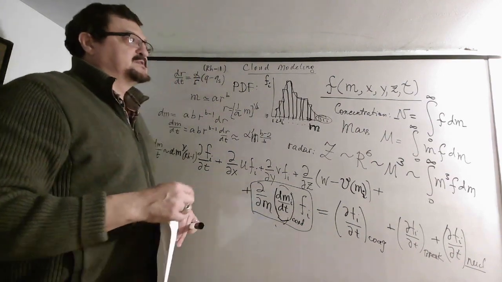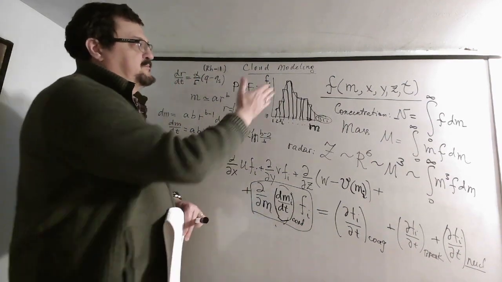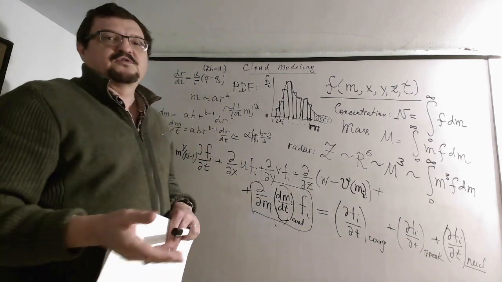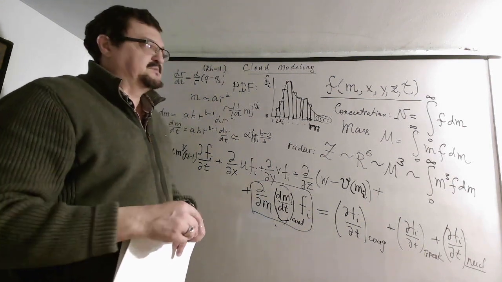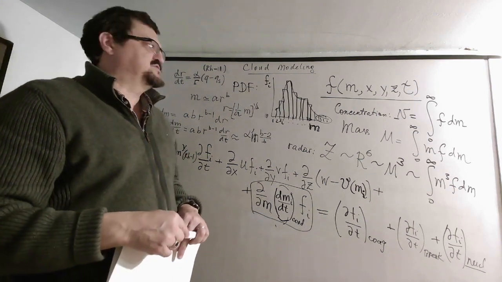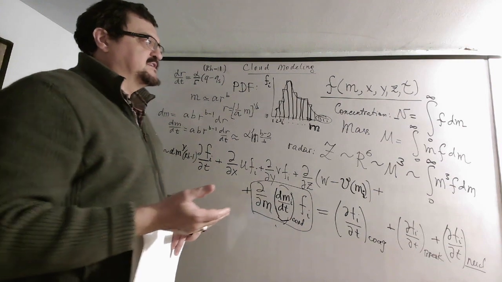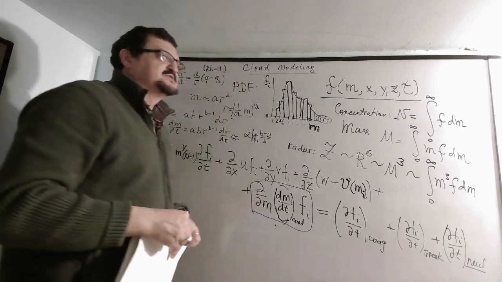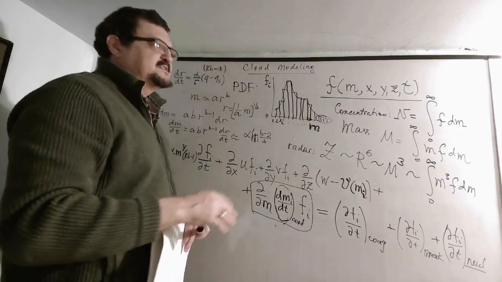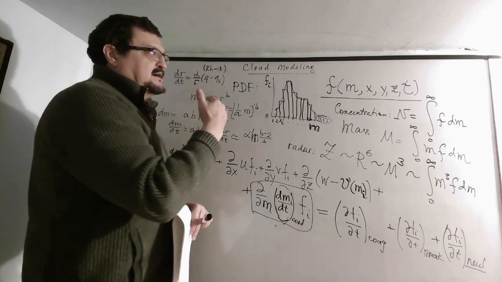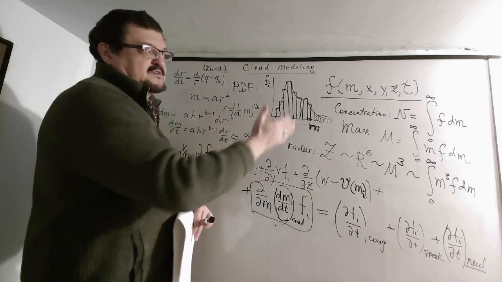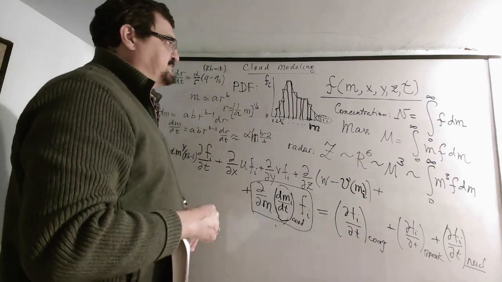You can use a prescribed analytical function, like an exponential distribution, also known in our field as the Marshall-Palmer distribution of sizes, or some gamma distribution, or some other distribution that you want. The advantage of that approach is that you can directly compute things after you find your moments.